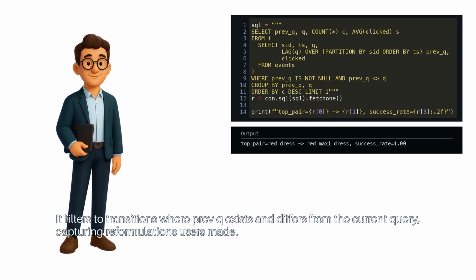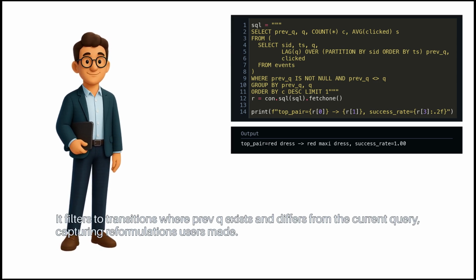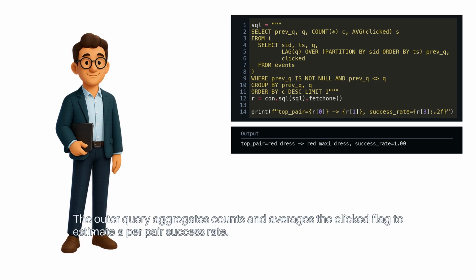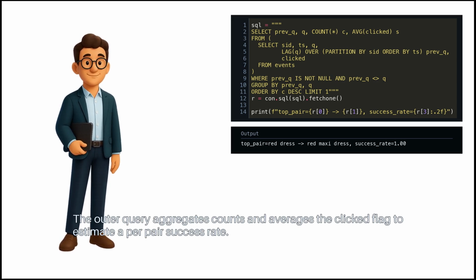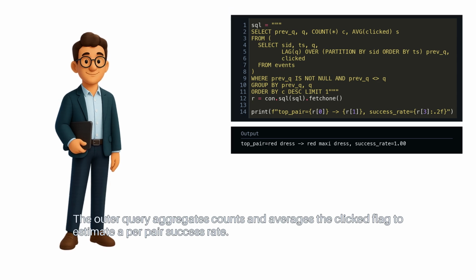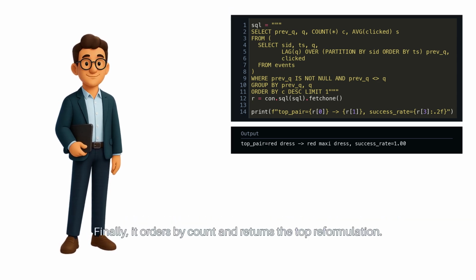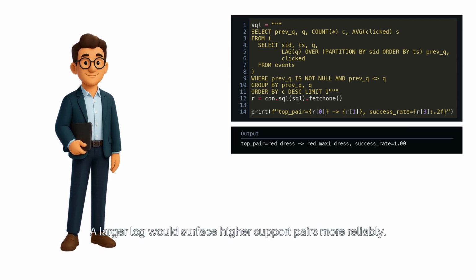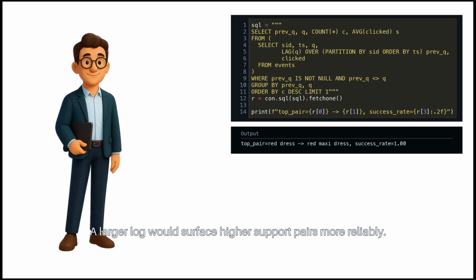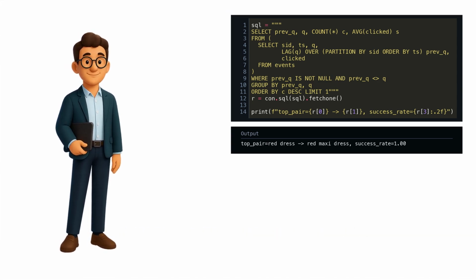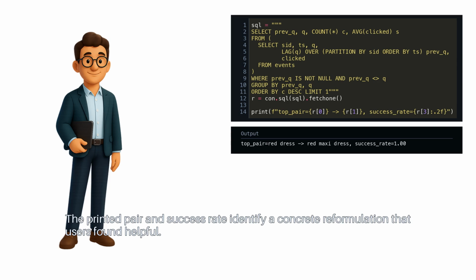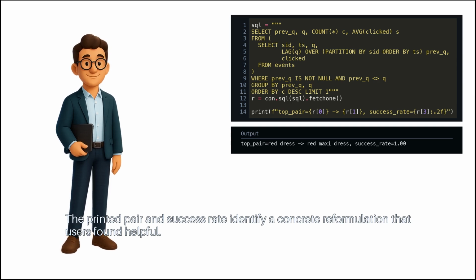It filters to transitions where prevq exists and differs from the current query, capturing reformulations users made. The outer query aggregates counts and averages the clicked flag to estimate a per-pair success rate. Finally, it orders by count and returns the top reformulation. A larger log would surface higher support pairs more reliably. The printed pair and success rate identify a concrete reformulation that users found helpful.